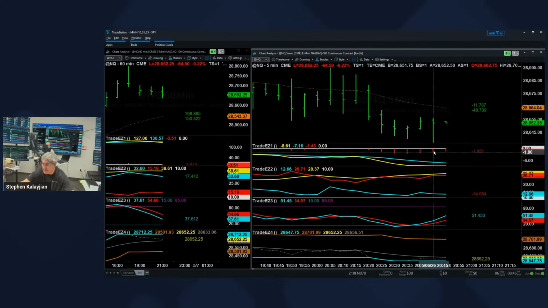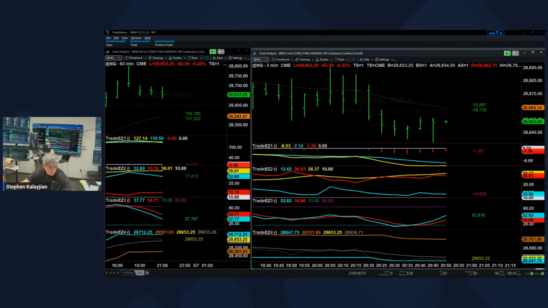I'm going to see if this NASDAQ can get one more push down here. Yep, gold new lows. Gold hit that 10.4 and then got kabooshed.